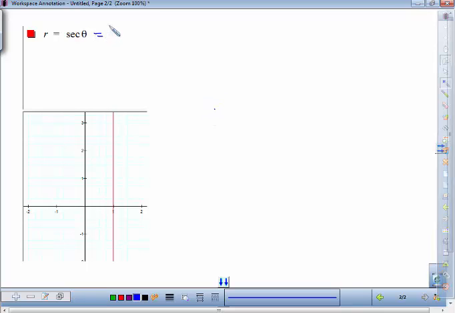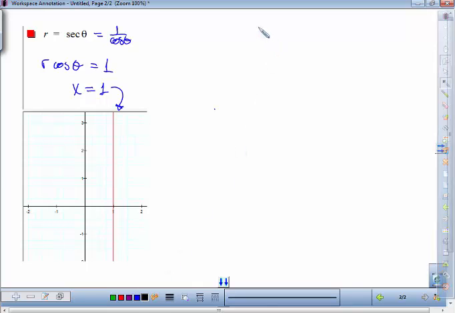It's the reciprocal of cosine. And then we can just do some simple algebra, multiply by cosine on both sides. And you know that r cosine theta is equal to x, so this is just x is equal to 1. And that's that graph right there. Okay?